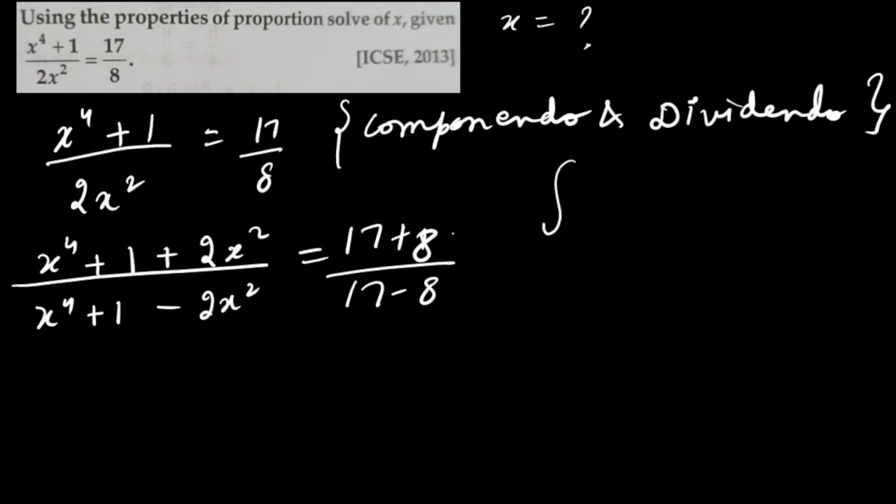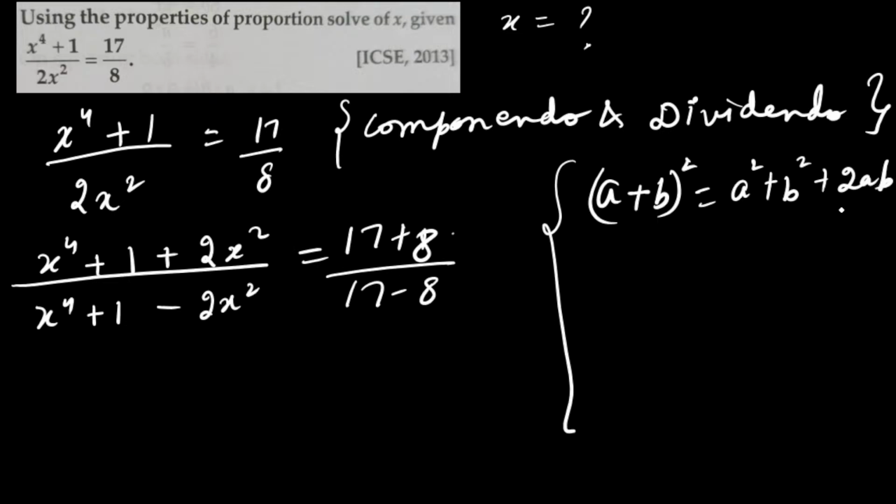Now this thing you have to understand. Here nothing is getting cancelled, so this is giving us a hint. We know that (a plus b) whole square is a square plus b square plus 2ab. If you compare this with that, here I write a as x square and b as 1, because this question is giving me a hint.